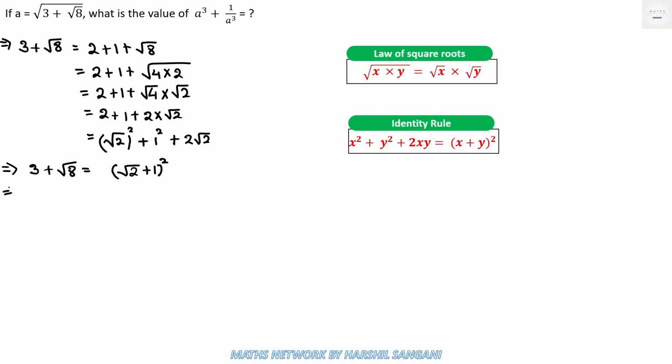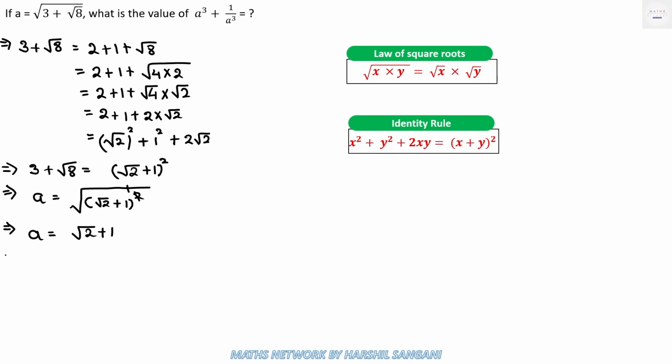So now guys, we can write a equal to whole root of root 2 plus 1 whole square. So guys, here the square and the root will get cancelled and we get a equal to root 2 plus 1.